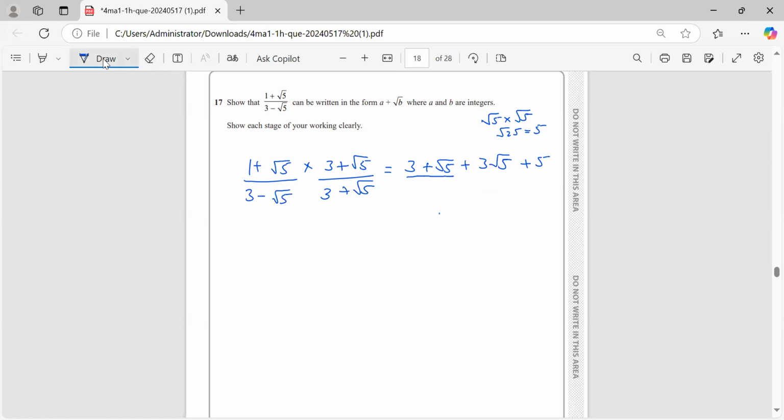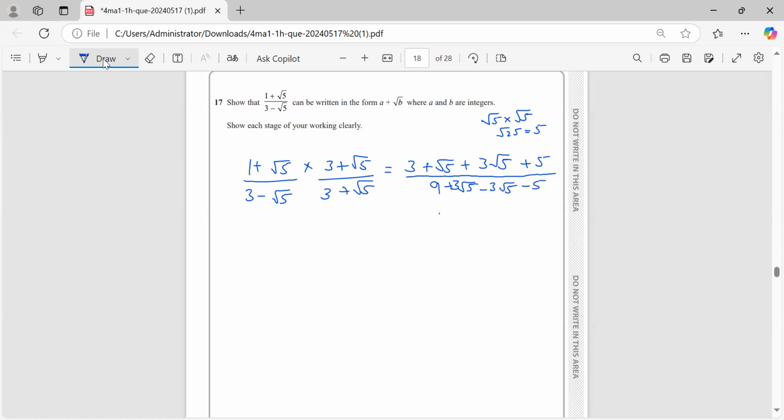So it's all over. 3 times 3, that's 9, right? So it's a difference of two squares, right? And then 3 times root 5, I'll get plus 3 root 5. And then minus root 5 times 3, I'll get minus 3 root 5. And then minus root 5 times plus root 5, I'll get minus 5, right?